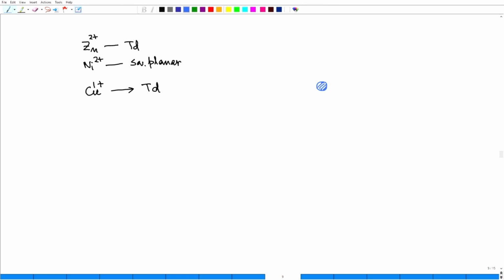This is my copper, and one nitrogen is here, another is here, that phenanthroline moiety, and it comes like this, with OH and OH. That was my compound, remember.